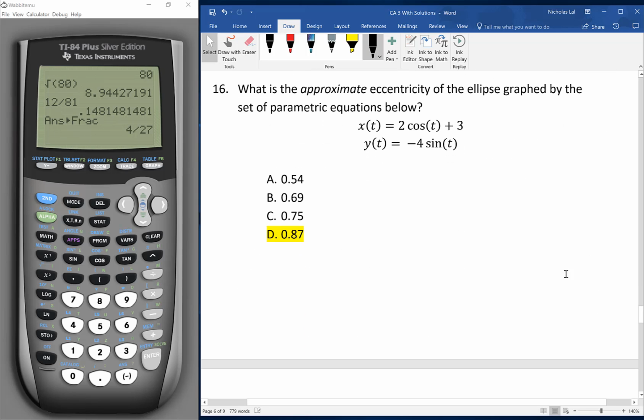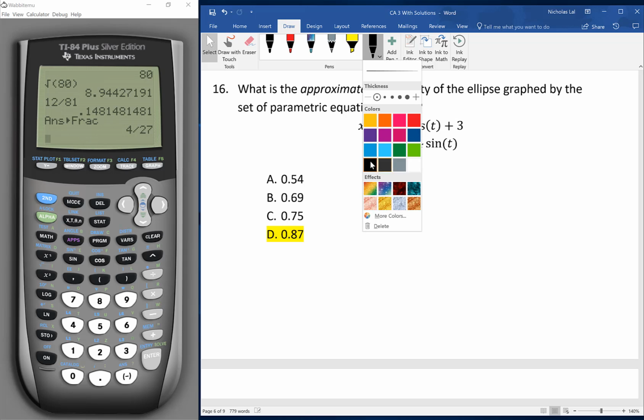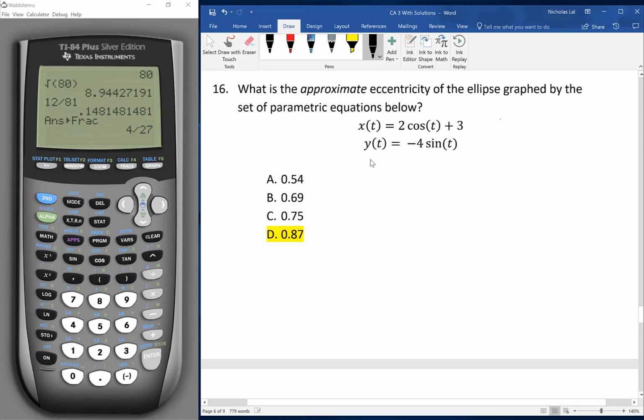Problem 16. What is the approximate eccentricity of the ellipse graphed by the set of parametric equations below? So first, when you have parametric trig functions, we need to isolate our trig values.